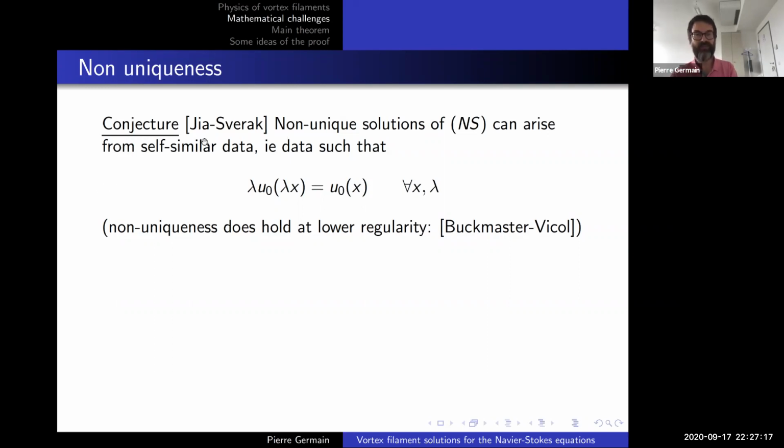Now, this conjecture of Jia and Šverák applies to self-similar data, which are a little bit pathological. Yeah, they are designed to sort of have a problem. And we believe that the Lamb-Oseen vortex, since it's a physically relevant solution, should be more stable and should not have this type of problem. But of course, this has to be shown.